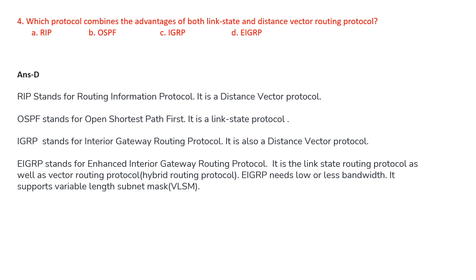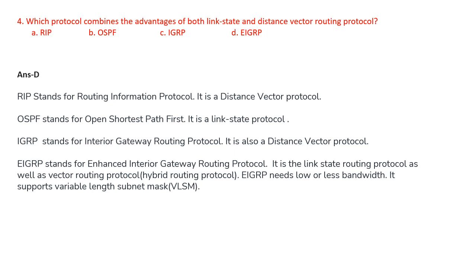RIP stands for Routing Information Protocol, and it is a distance vector protocol. OSPF stands for Open Shortest Path First, and it is a link state protocol. IGRP stands for Interior Gateway Routing Protocol, and it is also a distance vector protocol like RIP.